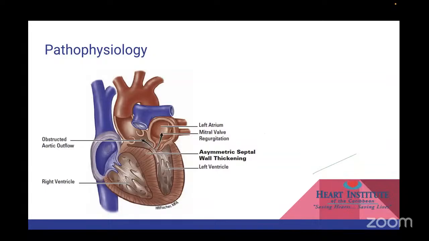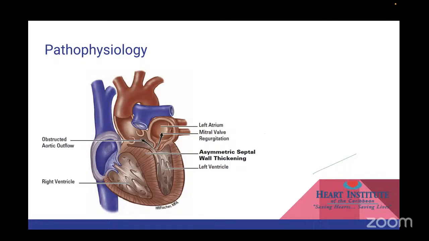For the risk of sudden cardiac death, we have known predictors, and I'm going to try to list as many as I can remember. We've already talked about wall thickness greater than 30 millimeters. That is a known risk factor for sudden cardiac death. Then we also have unexplained syncope, more specifically unexplained non-vasovagal syncope, which is highly correlated with sudden death episodes.